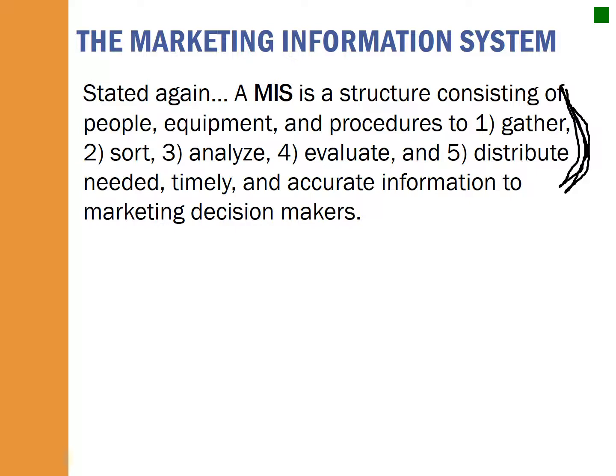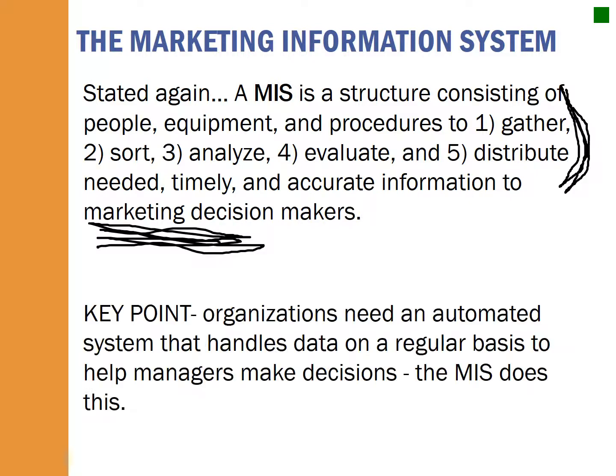They gather information, they sort information, they analyze information, they evaluate the information that we have, and they make it distributed. They put it out there so that people can use it. It's distributed in a timely manner, and it's accurate so that marketing decisions can be made. And that's a big deal here. That's the point of it. All right, so think computer information systems so that we can make decisions.